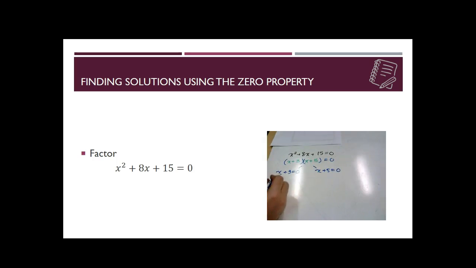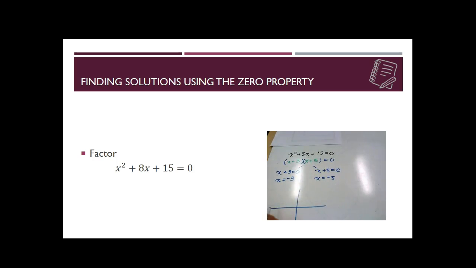So I can solve each of these separately. I need to subtract 3 from both sides, so I get x equals -3, and subtract 5 on both sides there, x equals -5.